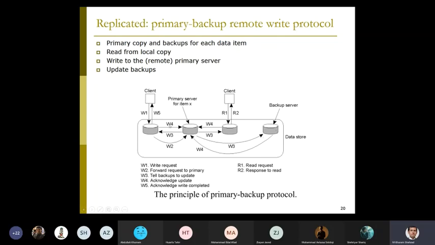In this backup process, the primary copy and the backup for each data item are stored. Read from the local copy, which is over here, and write to the remote primary server. So we can write on the primary server as well, and then we need to have a backup every time.